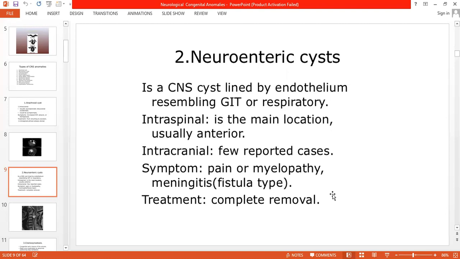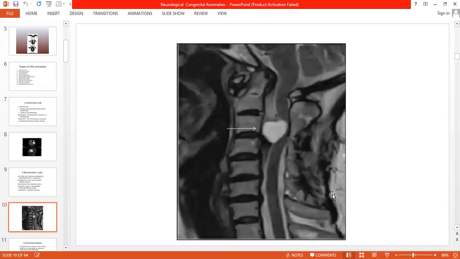Intracranial cases are rarely reported, so only the spine is more commonly involved. Symptoms are pain, myelopathy, or meningitis if there is a fistula. The fistula carries germs, spreading them into the CSF and affecting the brain. The treatment is complete removal of this lesion.